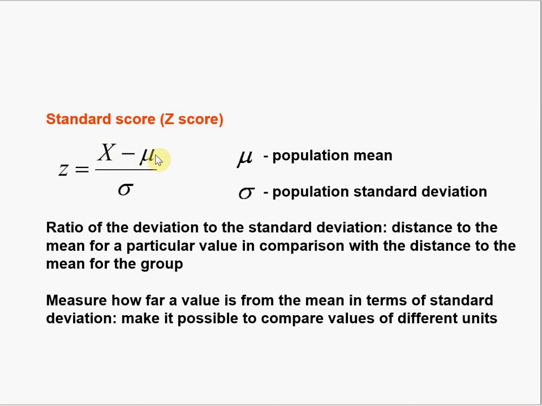So the distance from the mean for a particular value divided by the distance from the mean for the entire group gives us the standard score, the z-score. It gives us a sense of how far a value is from the mean in terms of standard deviation.